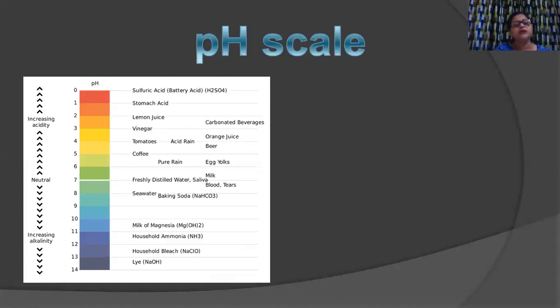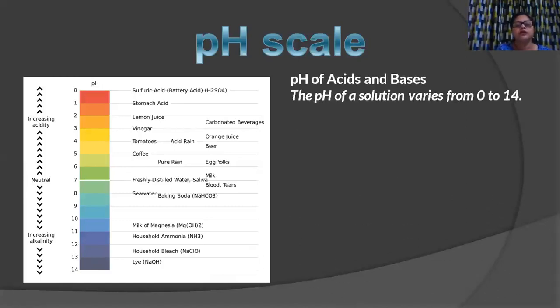To find out the strength of acids and base, we use pH scale. Now pH scale is a scale which is used to find out the concentration of hydrogen and hydroxide ions.